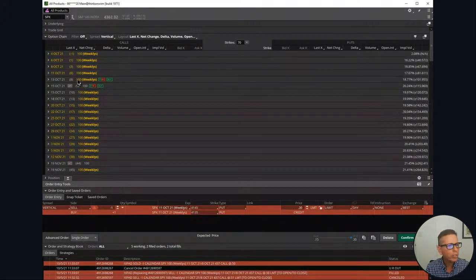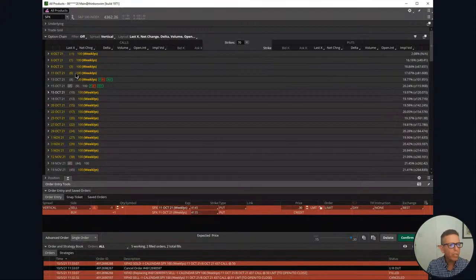Instead of using 8, I'm going to use 6, but I could use 10. I'm not going to use an AM expiration. I always use afternoon expirations on 70 TE, so I would skip that.